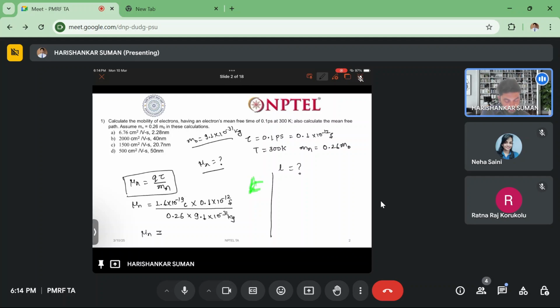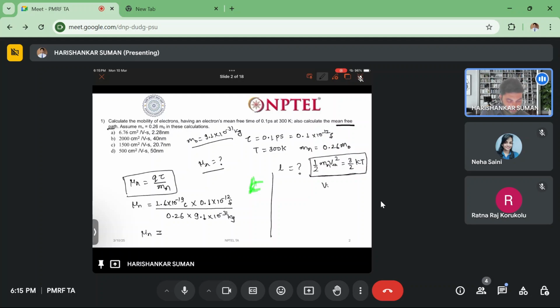And how can you calculate the mean free path? You know, kinetic energy equal to 3/2 kT. Another formula.